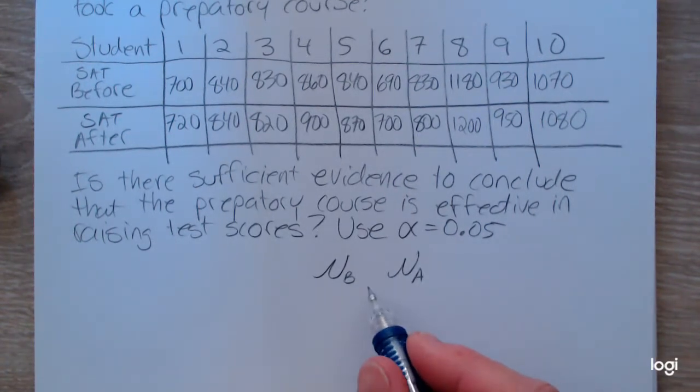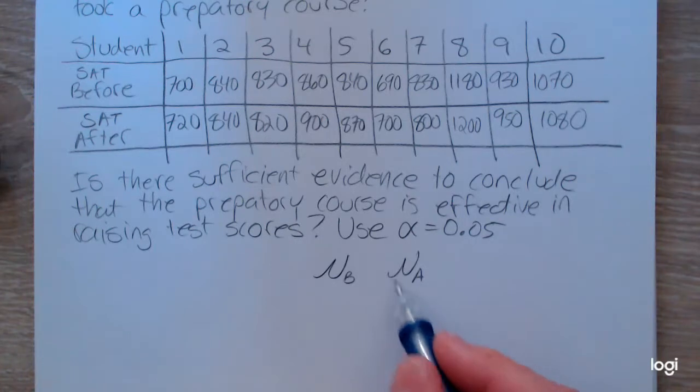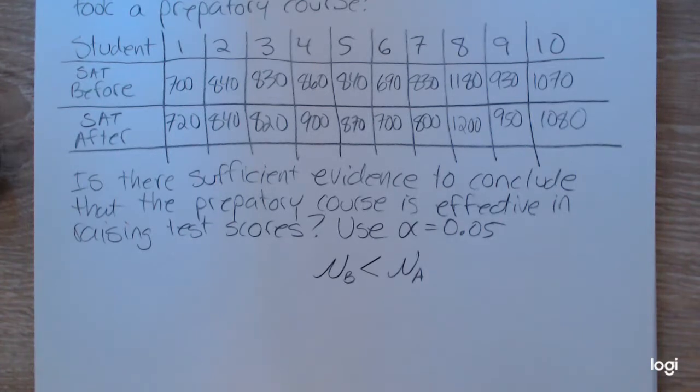Now, if we want to raise SAT scores on average, we would want this mean after to be greater than the before. Sometimes setting up the null and the alternative for a paired t-test is the hardest part.